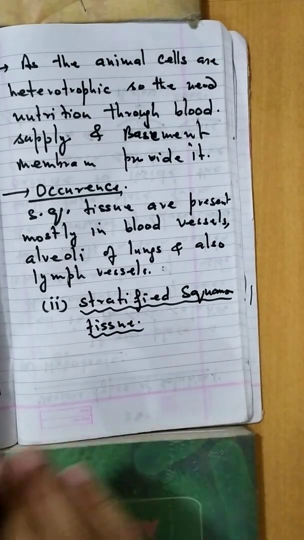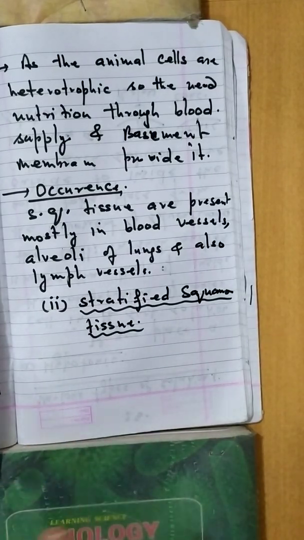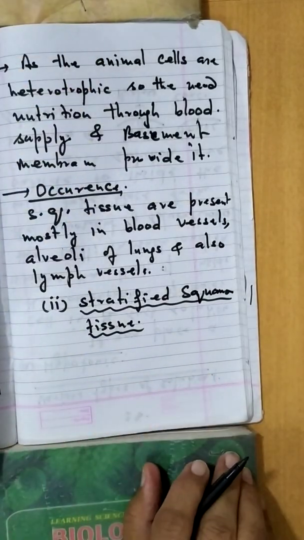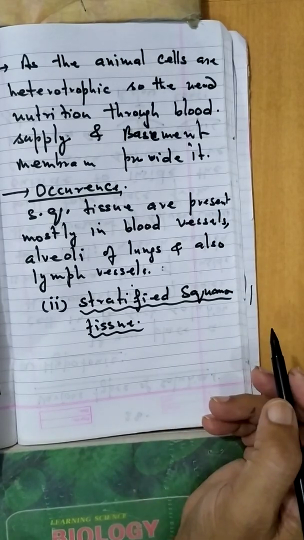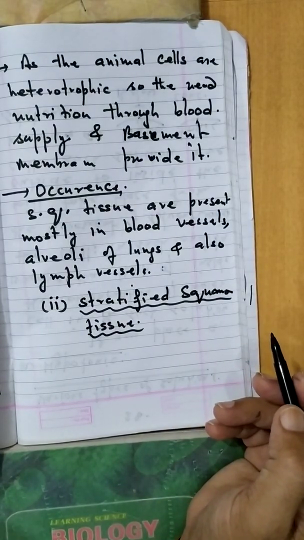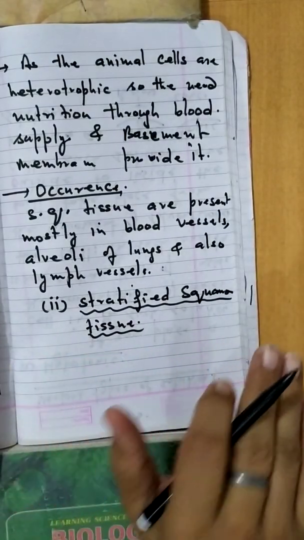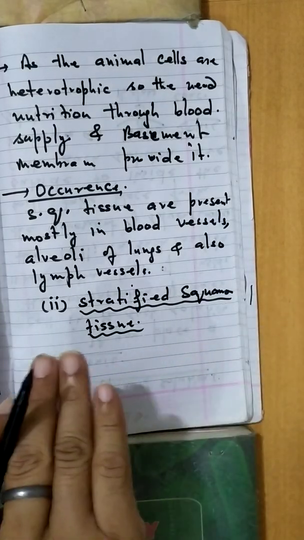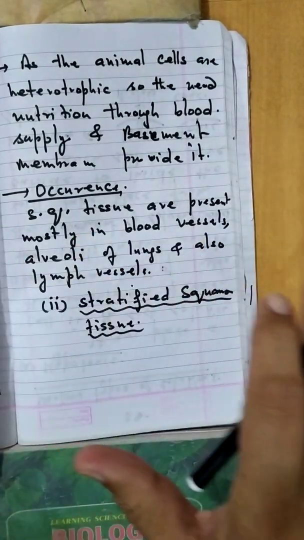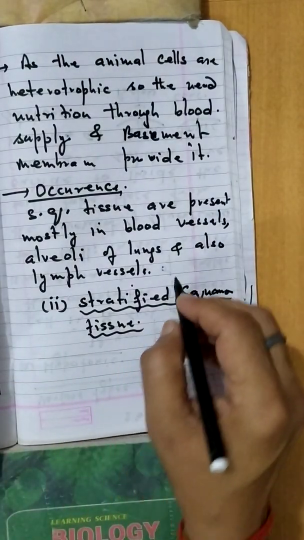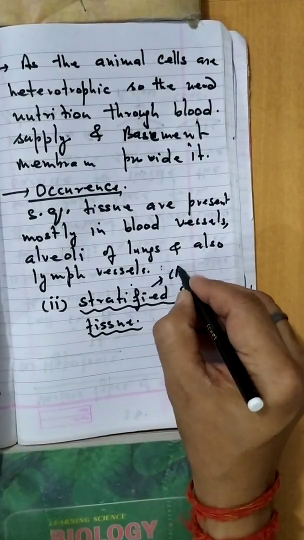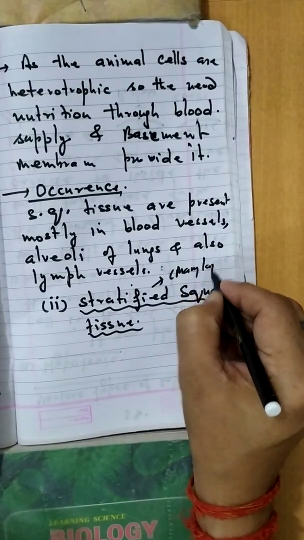Here, not complex, but one layer above the other layer, so it is known as stratified, as you have studied in geography, stratified rocks, the same type of rocks, one above the other layer, in many layers. Stratified means many layers.